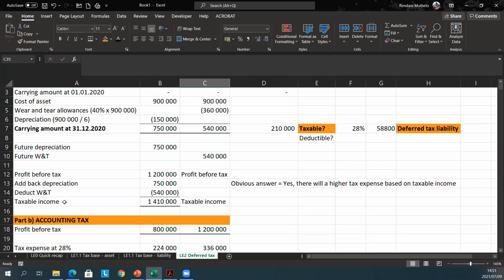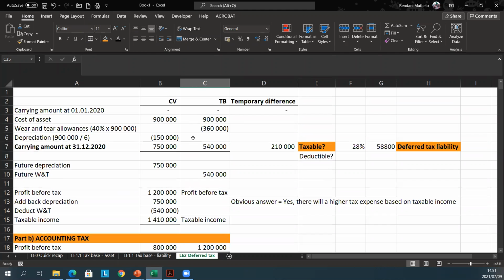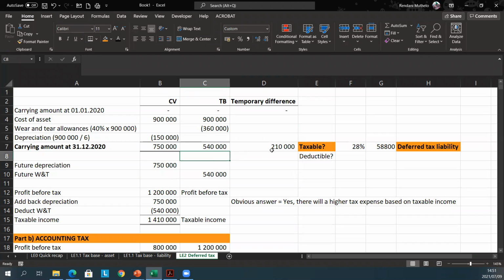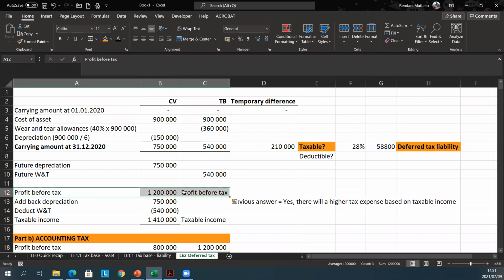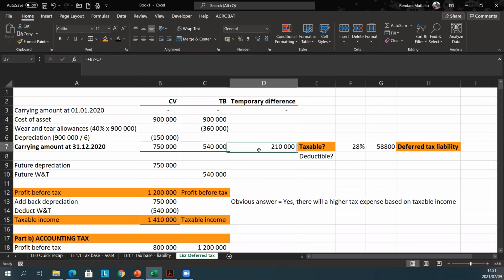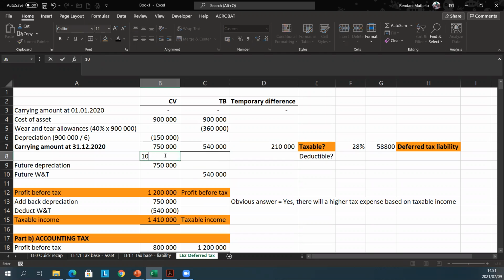But a quick recap, we started out with the calculation of the carrying amount and the tax base. We saw that it resulted in a difference of 210. And then we determined that it was taxable based on what we expect in the future for accounting and for tax purposes. Another way is to assume that the revenues in future is just 1 million.